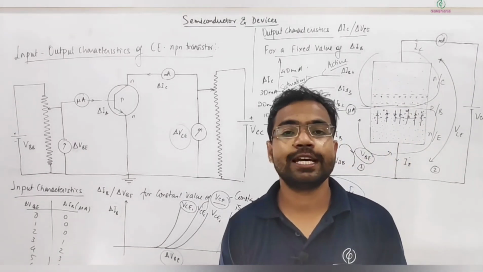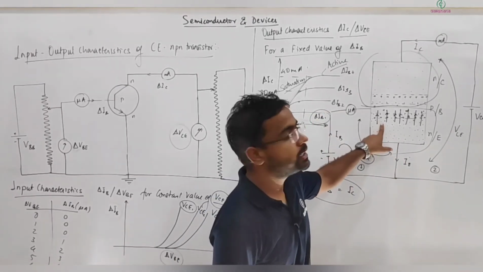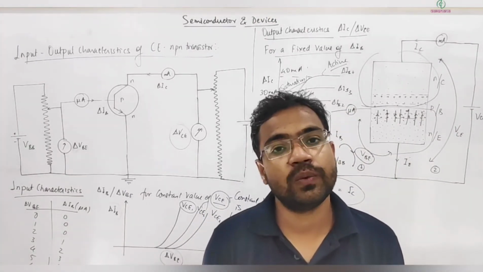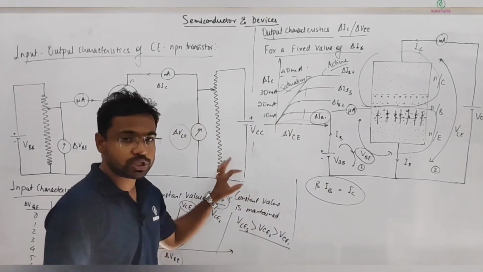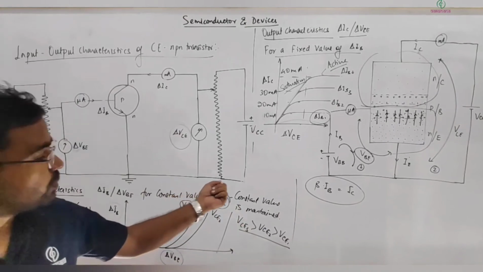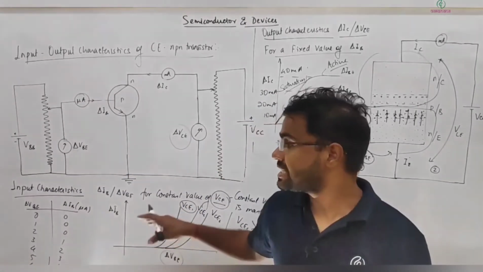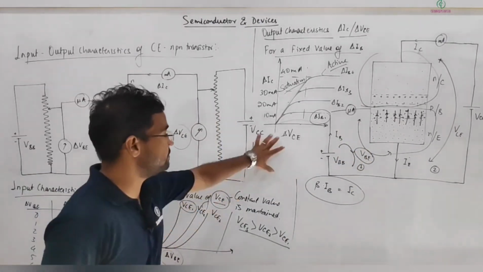When both currents are 0, that can happen when this is reverse biased and this is also reverse biased, then your transistor will be in the cutoff region. So this is about the characteristics of the transistor. Let me write a few more things, then we will move on to how we can use this transistor for different applications. I hope you are clear with this variation.